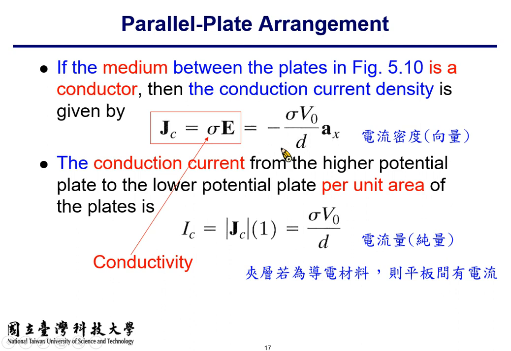If you apply a voltage or an electric field onto a conductor, conducting current can only be found on conductors, which means a material with sufficiently large conductivity. So the relationship you have here is J sub C equals sigma times E. Sigma is the so-called conductivity of the material. And suppose we have the same geometry, the parallel plate.